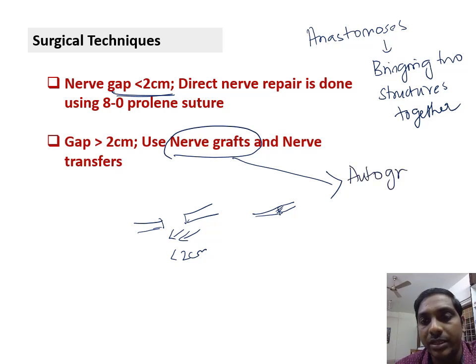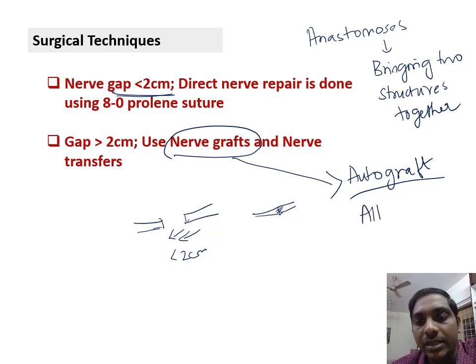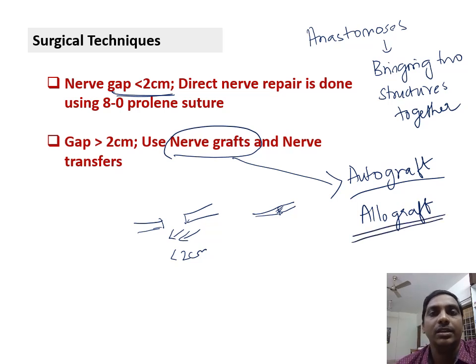Autograft means you are taking the nerve from the same person. Allograft is taking the nerve from a different person but the same species. Xenograft is taking a nerve, structure, organ or tissue from another species like a pig, etc. So allograft is the same species, autograft is the same person.